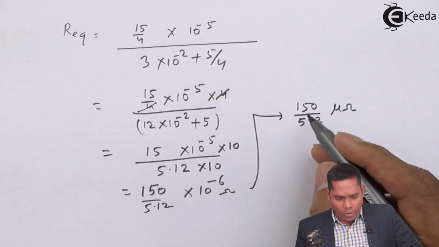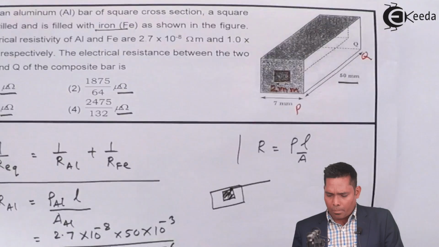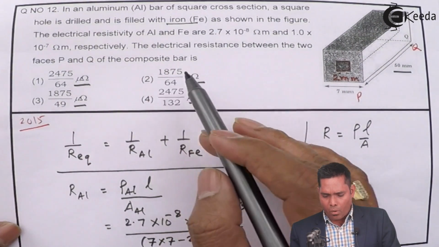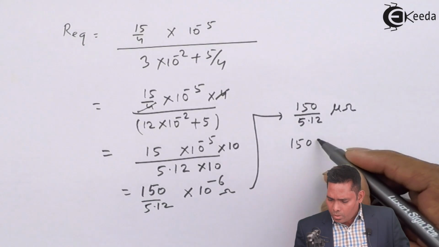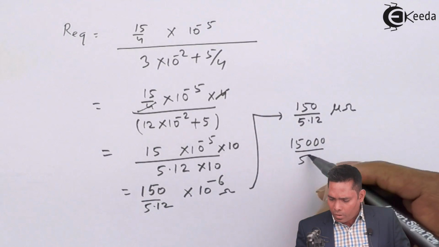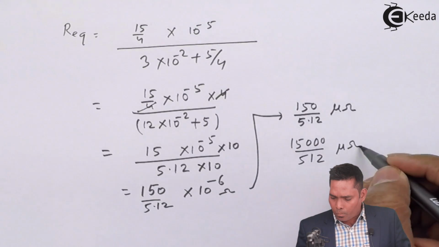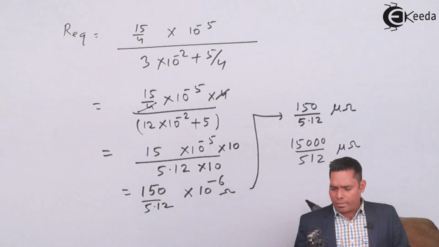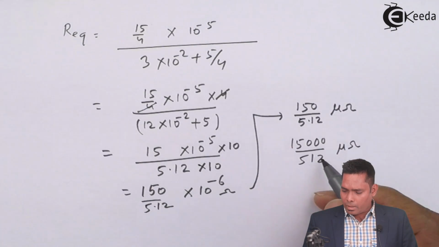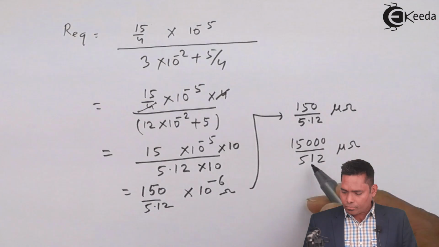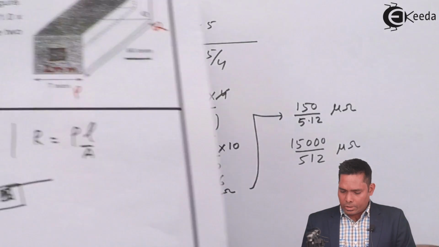Then I have to solve this number, because it is not in an approximate form. This will be 15000 divided by 512 micro ohms. So we have to keep on solving it till we get a number.